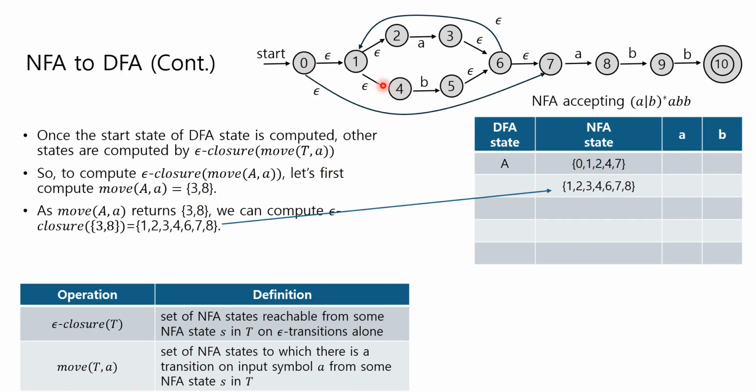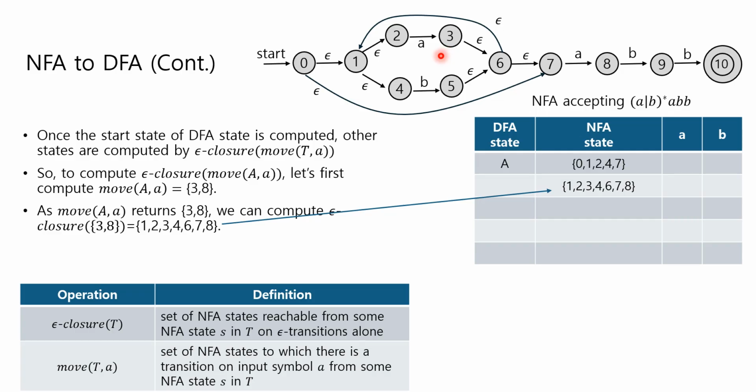From state 0, there's no move on input symbol a, and we can find input symbol a here, and there is a transition from state 2 to 3.